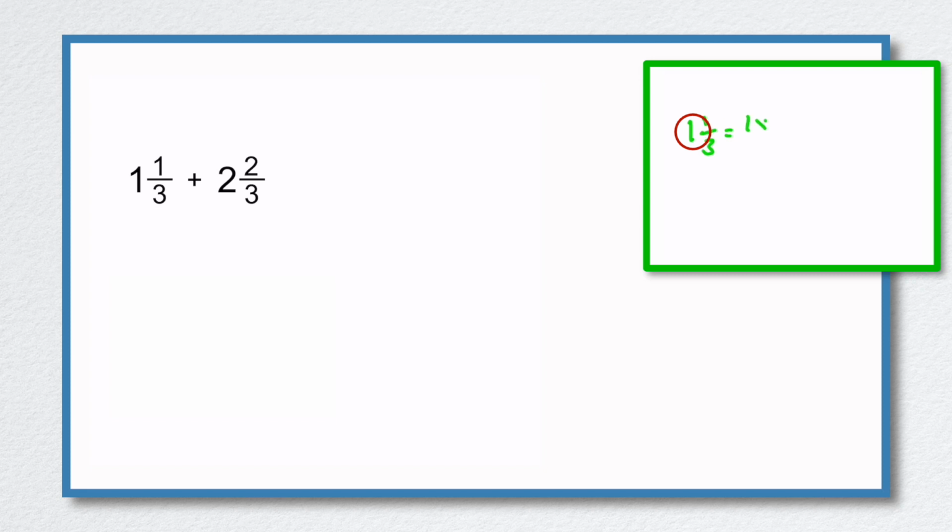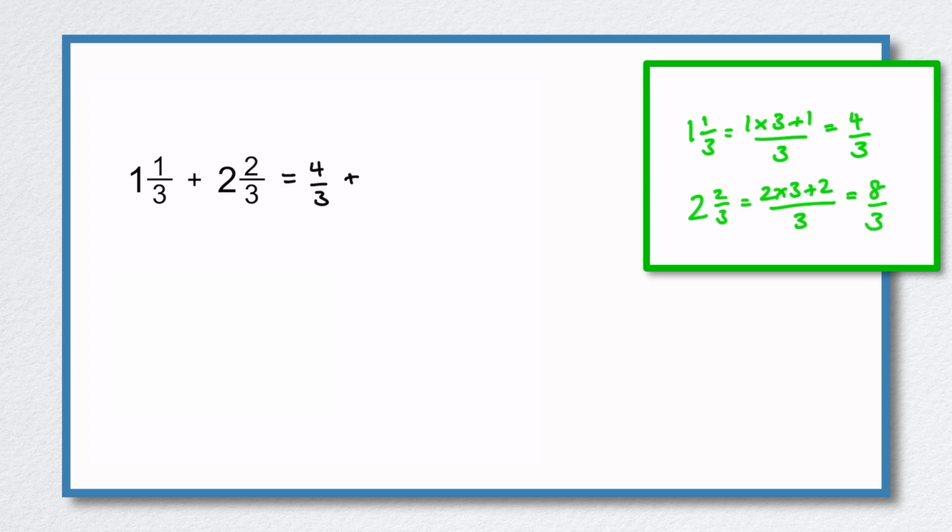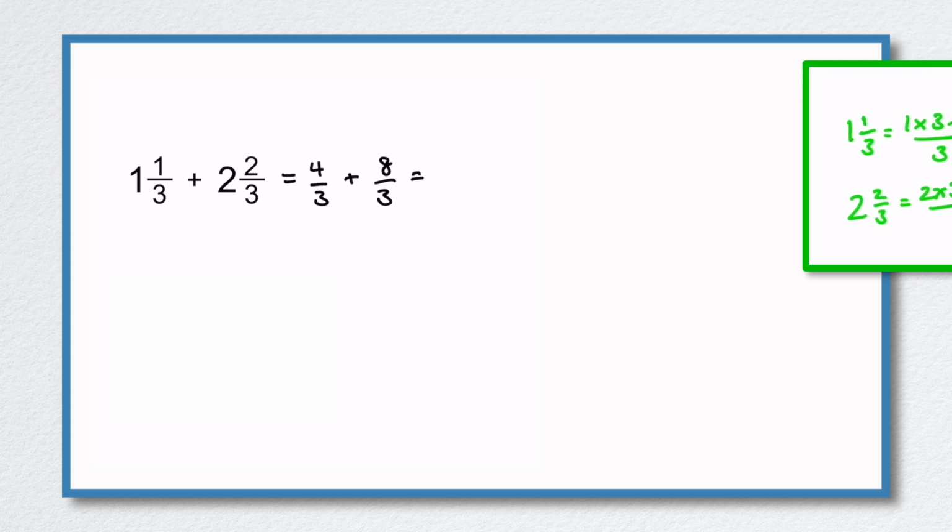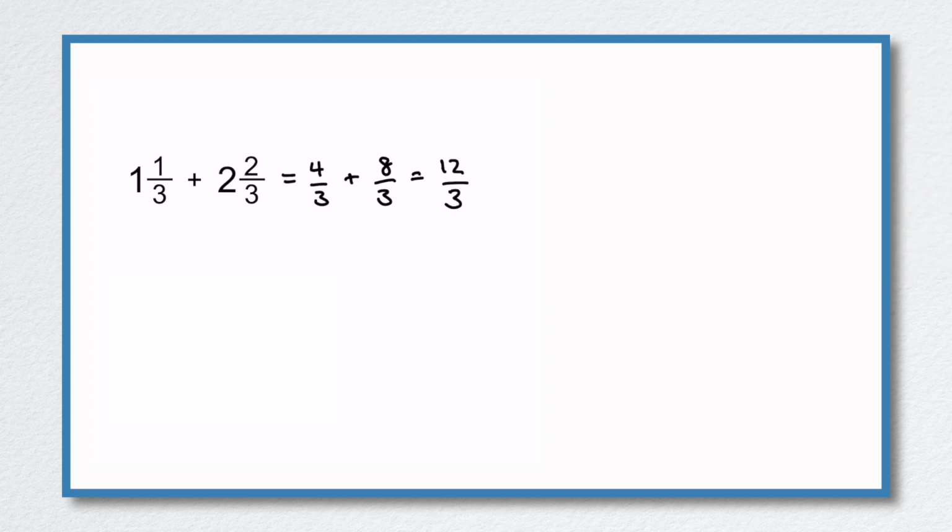I have 1 multiplied by 3 is equal to 3, add the 1 is equal to 4, so we have 4/3. And for 2 2/3, 2 multiplied by 3 is equal to 6, add 2 is equal to 8, so we have 8/3. We now have 4/3 add 8/3 is equal to 12/3. And hopefully you've noticed that 12/3 is the same as 4. 12 divided by 3 is equal to 4.